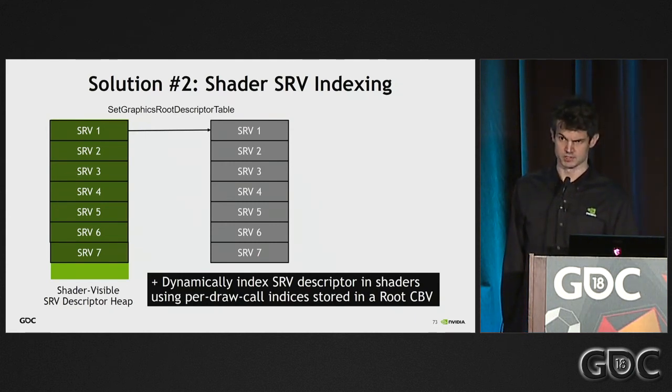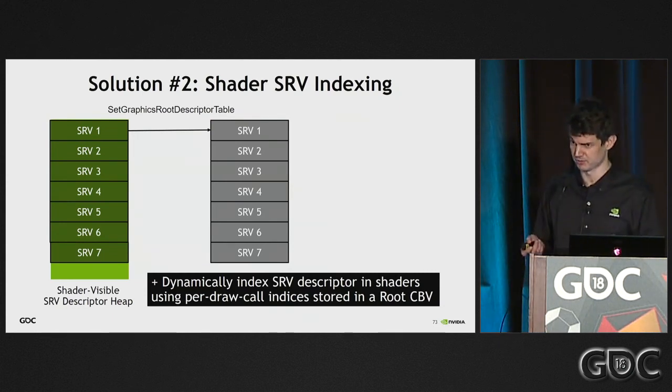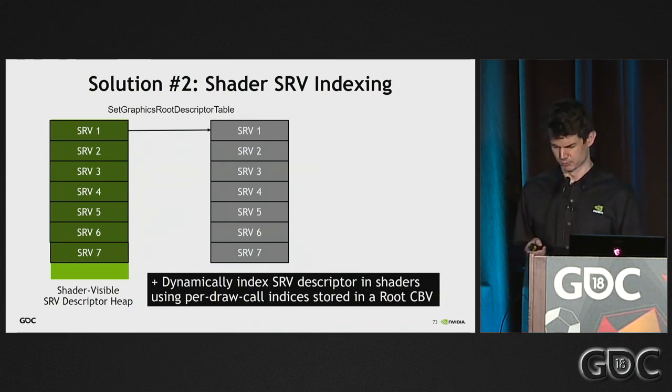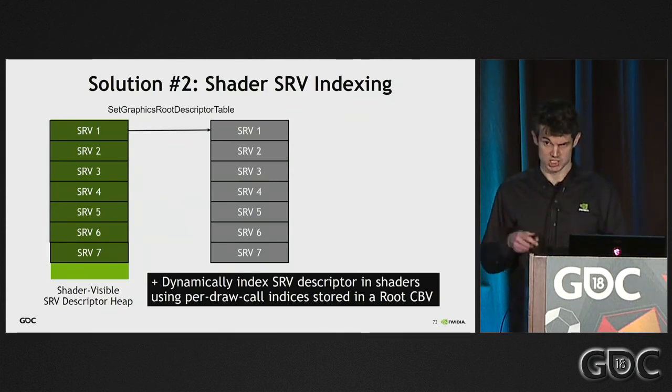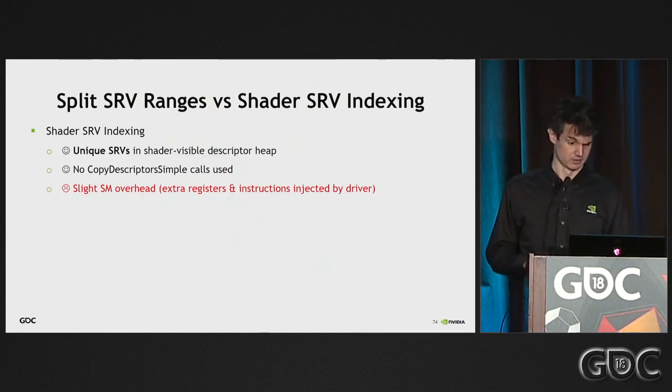That constant buffer is changing per draw call, because potentially each draw call has different textures bound. But if you put this constant buffer into the root descriptor, the root CBV slot, it is actually quite fast to change it per draw call. As long as it is a root CBV, it is fast to change it per draw call. So that can work pretty well on the constant buffer side.